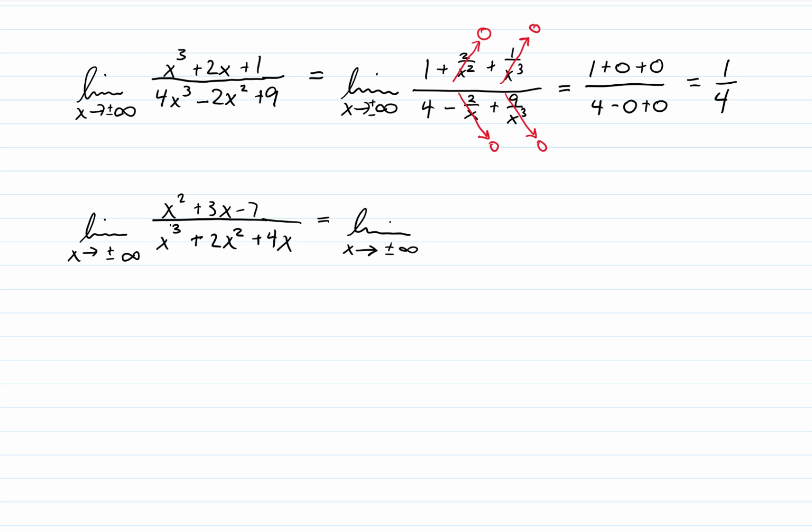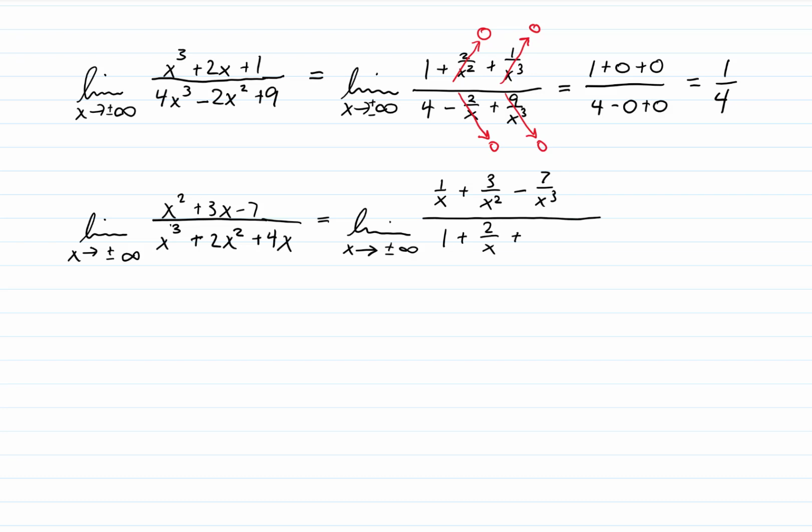x squared divided by x cubed is 1 over x. 3x divided by x cubed is 3 over x squared. 7 divided by x cubed is 7 over x cubed. On the bottom, x cubed divided by x cubed is 1. 2x squared divided by x cubed is 2 over x.